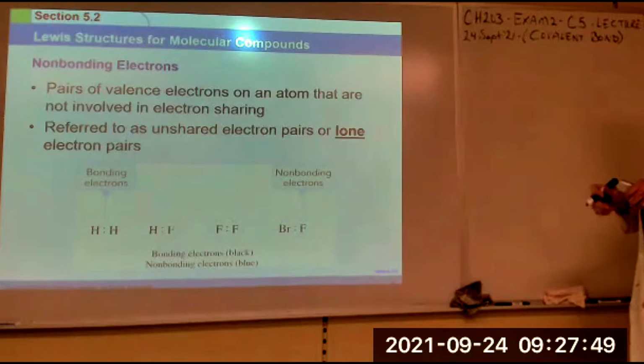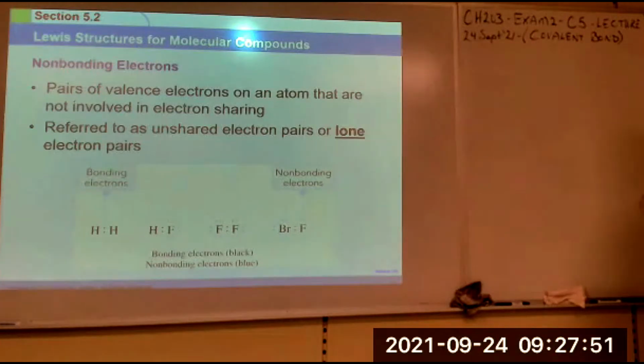Those are bonding electrons. When they're between the atoms and they've paired up and we can represent them by a dash, those are bonding electrons. All the yellow electrons around the individual atoms are non-bonding electrons.